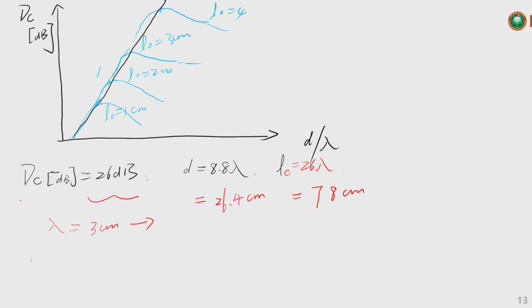They sacrifice this part to decrease the size of the antennas. But if we want to keep the same directivity and also decrease the size of the antenna, what can we do?